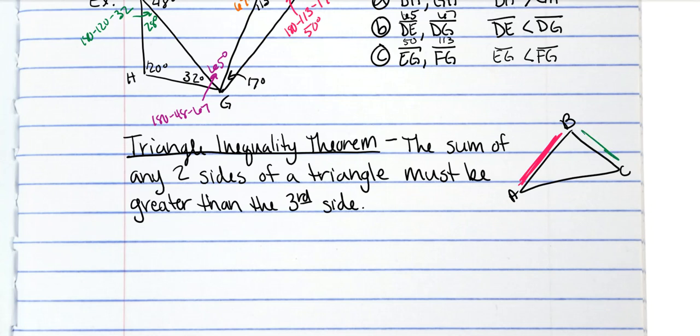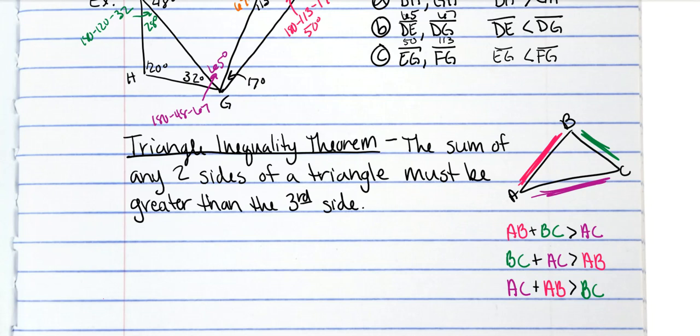Red is AB, green is BC, and purple is AC. So AB plus BC has to be bigger than AC, and BC plus AC has to be bigger than AB, and AC plus AB has to be bigger than BC. So any of the two sides, when you add them together, has to be bigger than the third side.